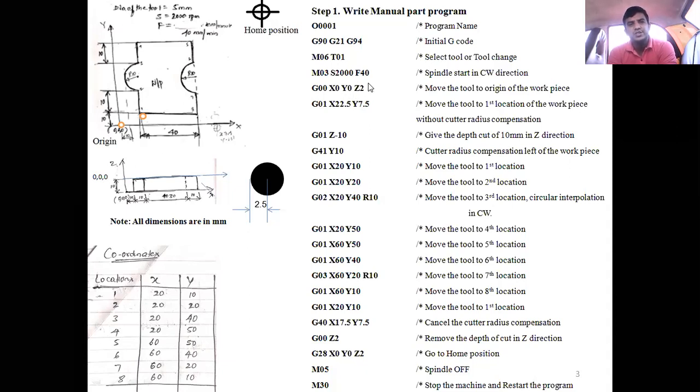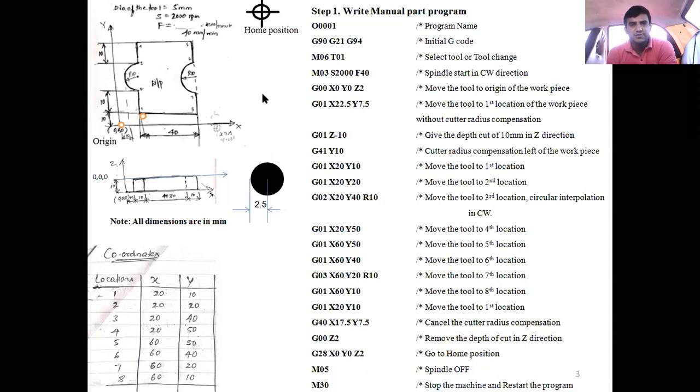Z will not be 0 here, because the cutting tool would touch the workpiece, damage it, or wear out the cutting tool. So the cutting tool should be 2 mm away from the workpiece. Now these 5 lines are common for all programs, whether milling, drilling, or turning.